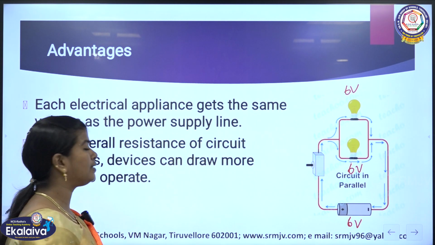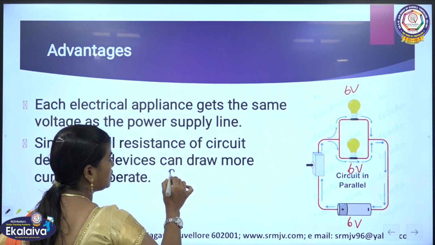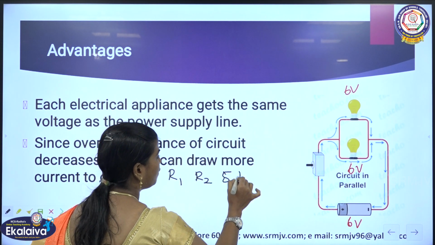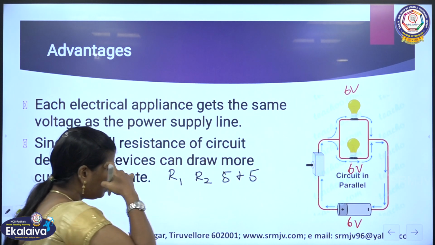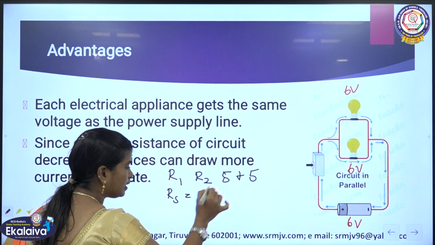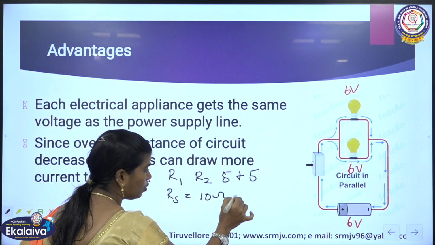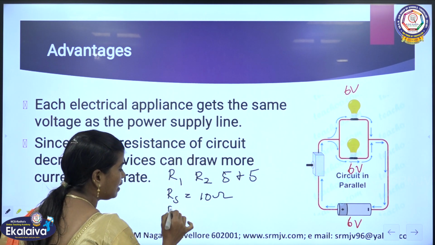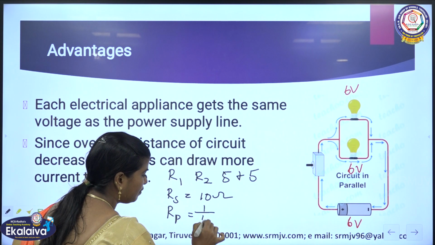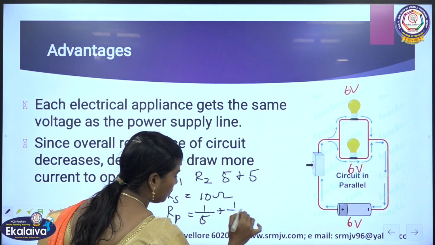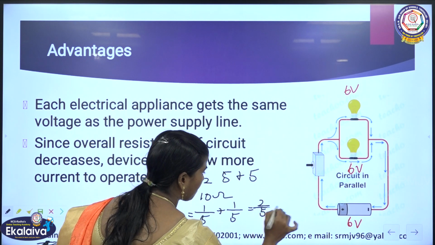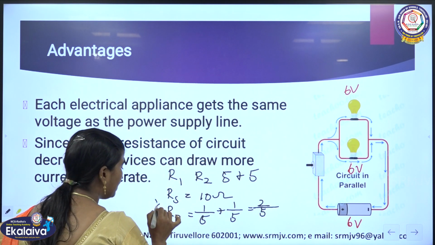Let me give you an example. Let us take two resistors or two appliances R1 and R2, both 5 ohm. If it is a series, the total resistance will be 10 ohm. If it is parallel, I will use the formula 1 by 5 plus 1 by 5, so it is 2 by 5, this is 1 by Rp.